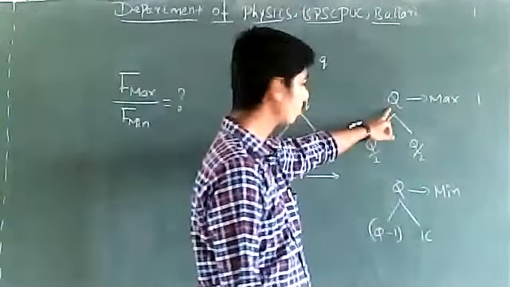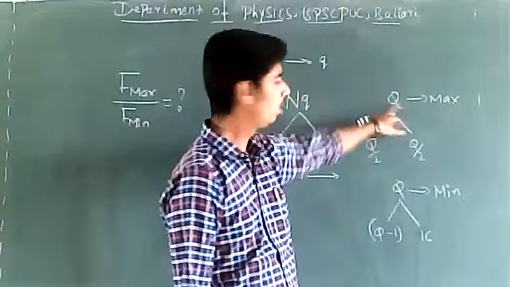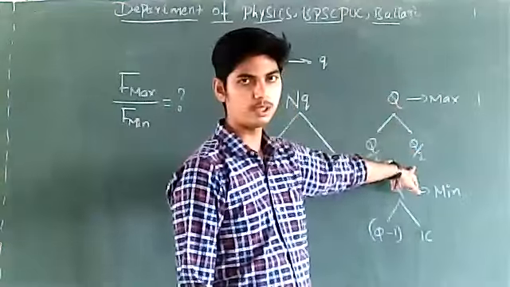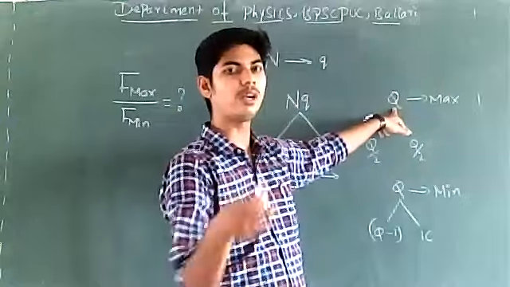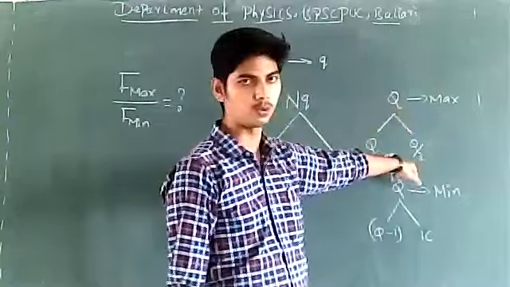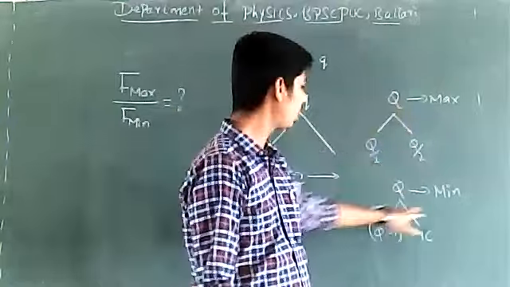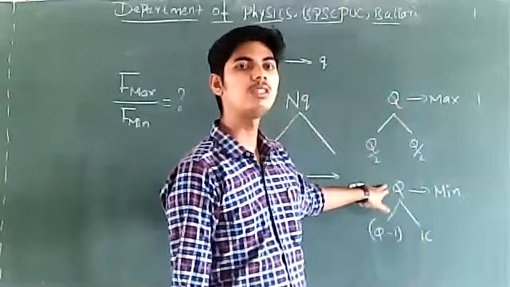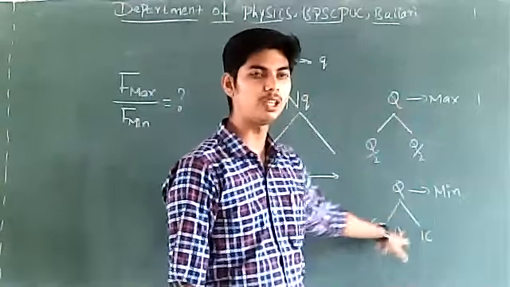So for the force between two charges to be maximum, divide them equally, Q by 2 and Q by 2. For the force to be minimum, the given charge must be divided as Q minus 1 and 1.